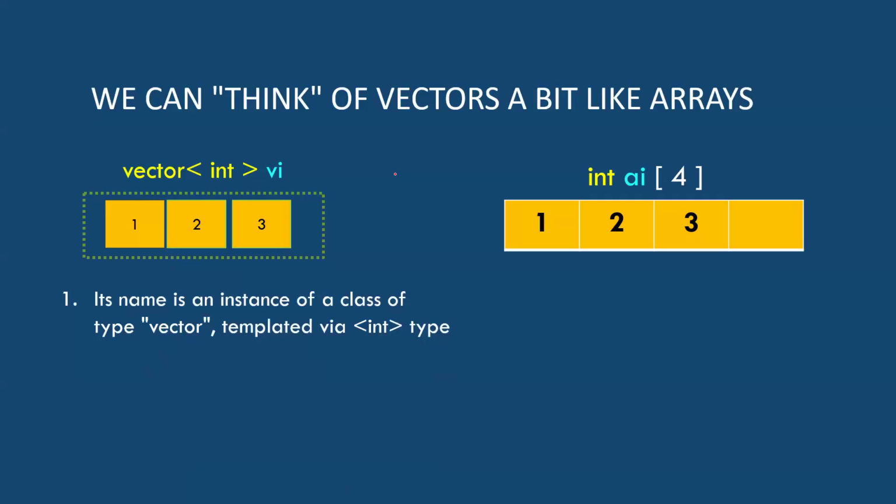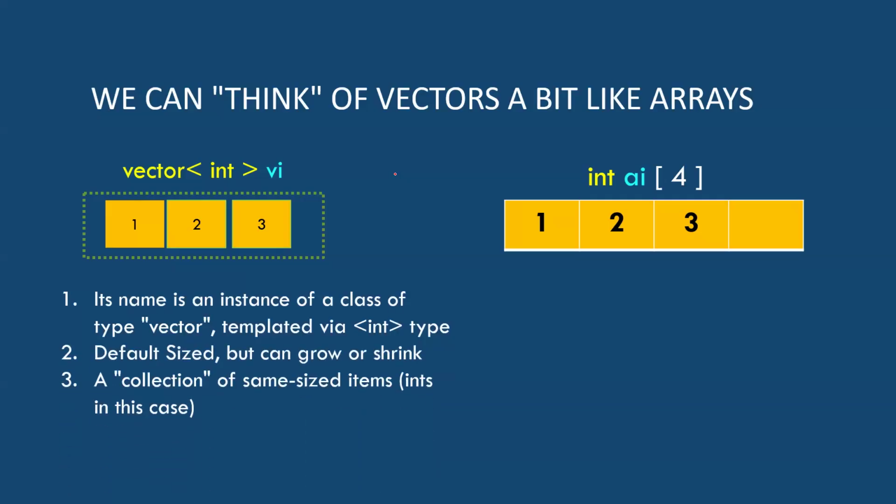The problem is that it is going to be empty until we put stuff in it, so it's not exactly like an array when we allocate it. Also, like we just said, the 1, the 2, and the 3 are not necessarily even next to each other in memory. Some vector implementations might have layer 1, layer 2. We don't know if these things are literally next to each other.